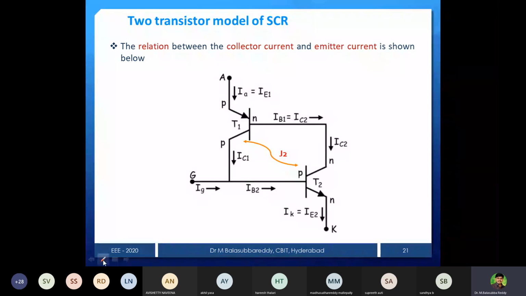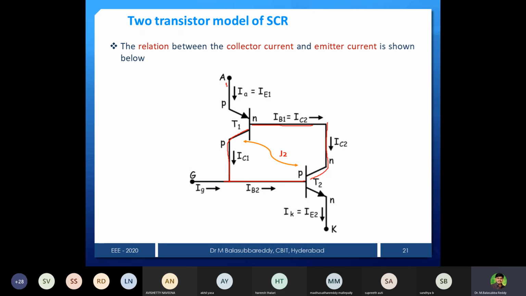This is the connection representation of the two transistors. You must connect like this, then only it will operate as an SCR. Similarly, the base of transistor 2 is connected to the collector of transistor 1.